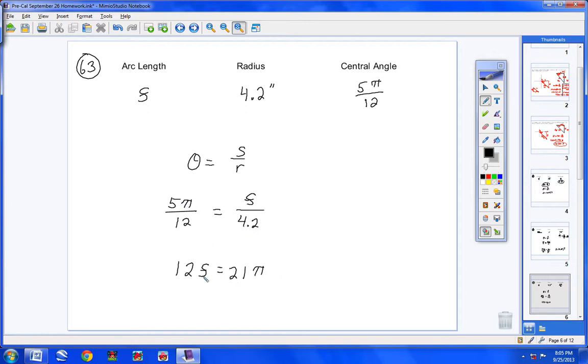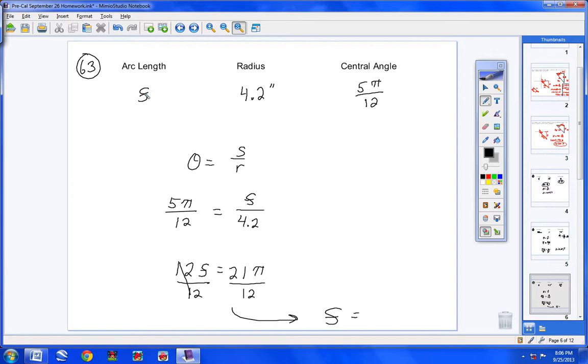Now, we're solving for S, so we're going to divide by 12. Don't forget what you're solving for. We're not solving for pi, we're solving for the unknown variable S, so we're going to divide both sides by 12. Now, if we did that correctly, we'll finish it over here. S equals, and now with my calculator, I'm typing in 21 pi divided by 12.